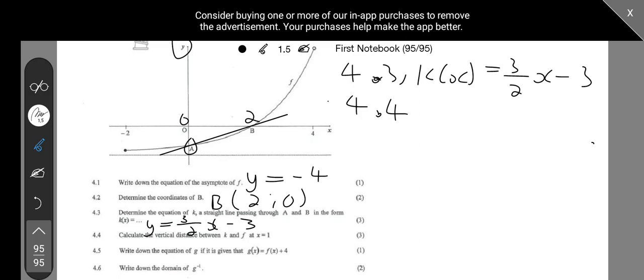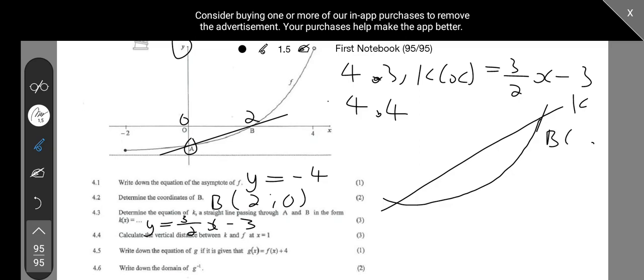So what they are saying here is that we have a straight line, which is k of x, and then we have a parabola below it. This is the point B, which is 2 and 0. And here we have the point A, which is 0 and minus 3.